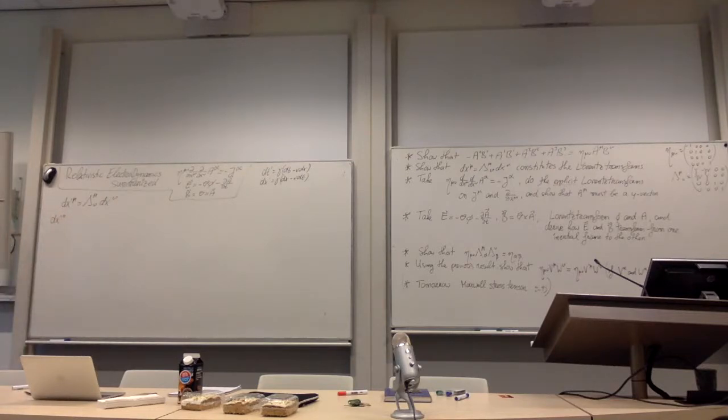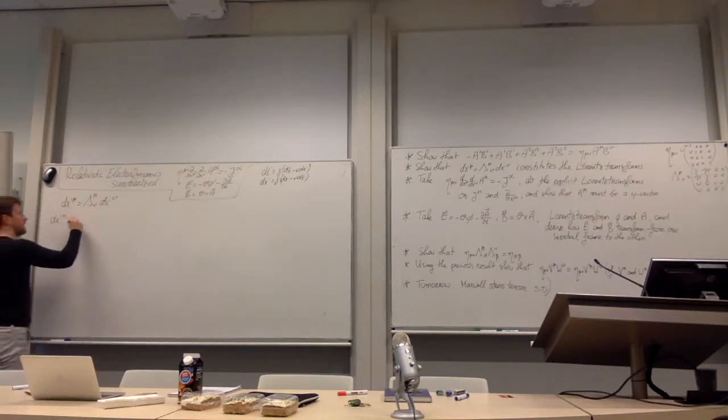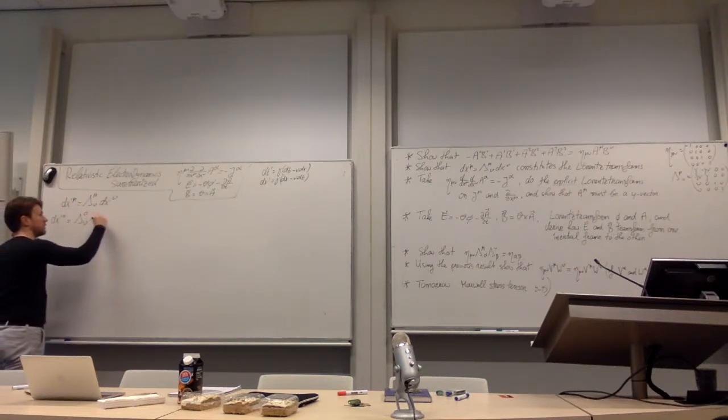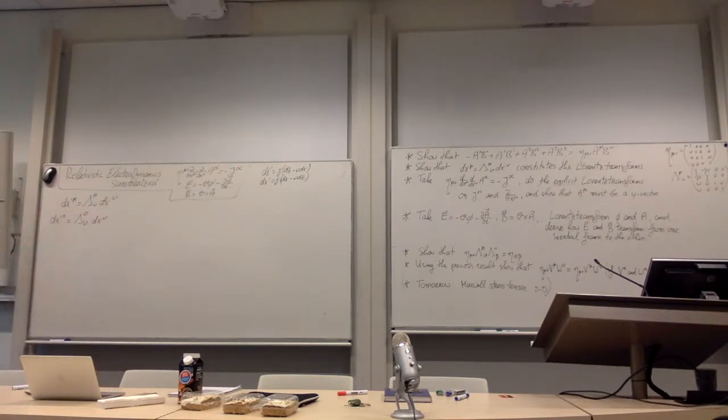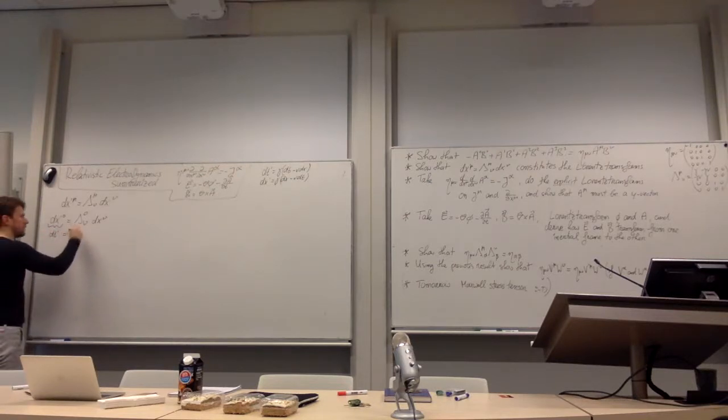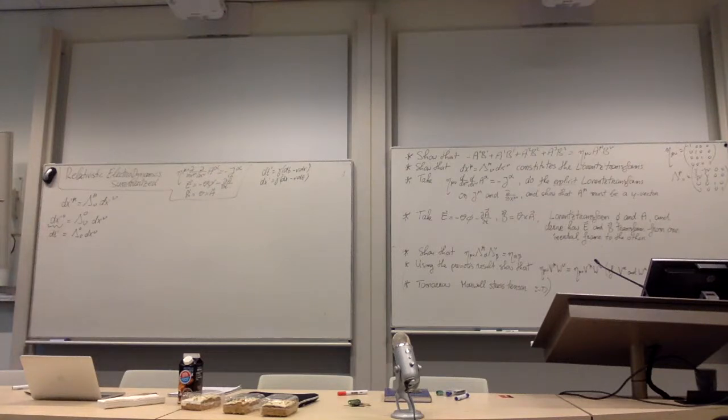Mu is 0. That's one of these 4. Mu equals 0, right? I put a 0, so that's this. Now dx0 is what we call dt. So this is really just dt prime.